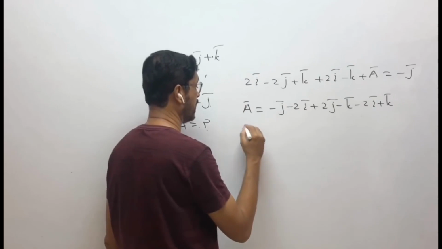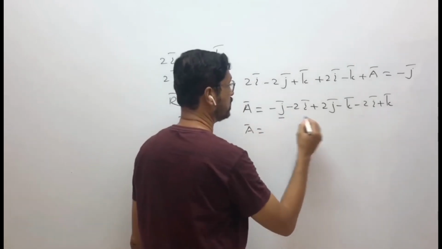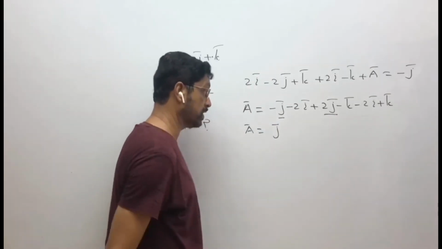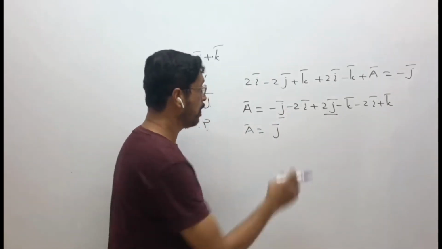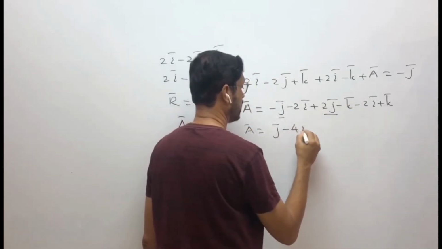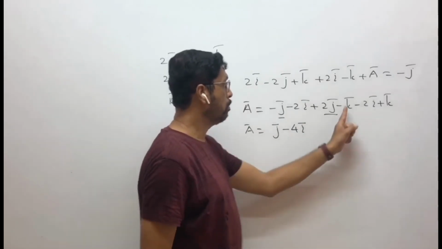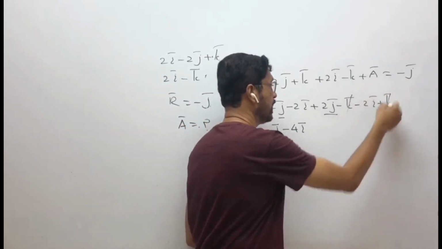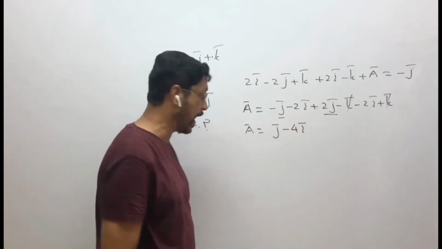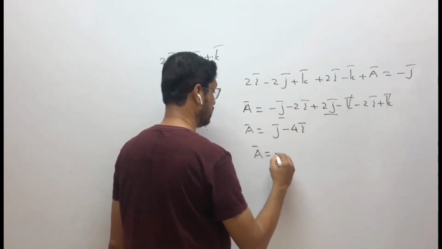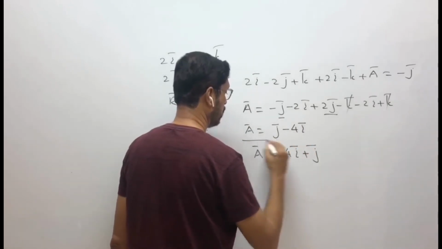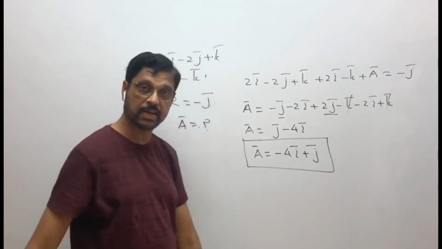So vector A will be equal to minus j plus 2j, that is plus j, minus 2i minus 2i, minus 4i, minus k plus k will get cancelled. So vector A is j minus 4i, or you can say vector A is minus 4i plus j. So this is your answer.